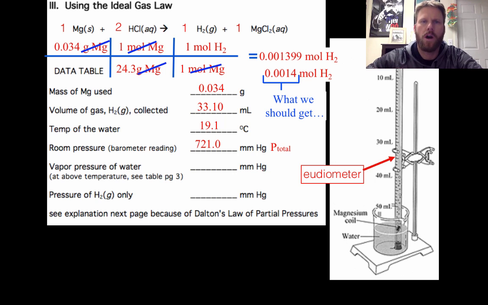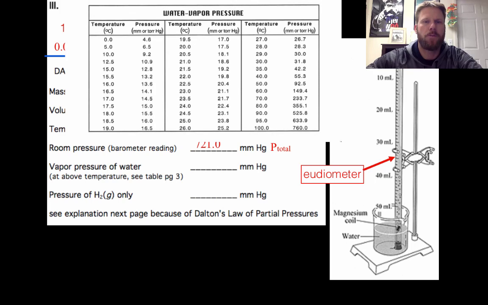There's also some water vapor in that gas sample. So we have to account for that water vapor. So we can use this table here that gives us the vapor pressure of water at all these different temperatures. Since the temperature of the water was 19.1 degrees Celsius, we can find approximately where that would be on the table and come up with the vapor pressure of water that would be in that sample.